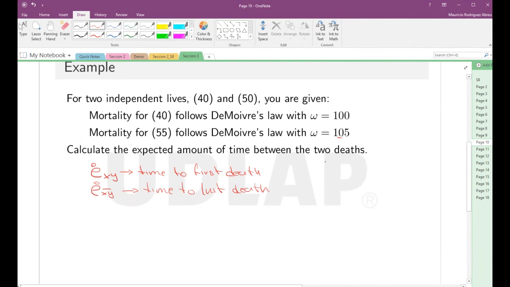So essentially, the answer that we are looking for is this difference. Which again, we can write as this.